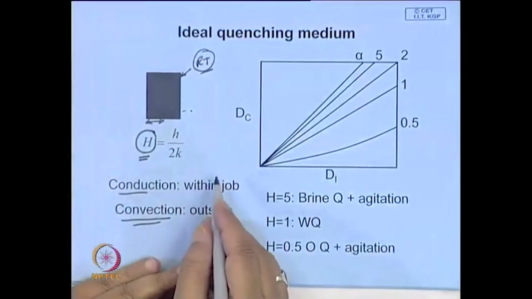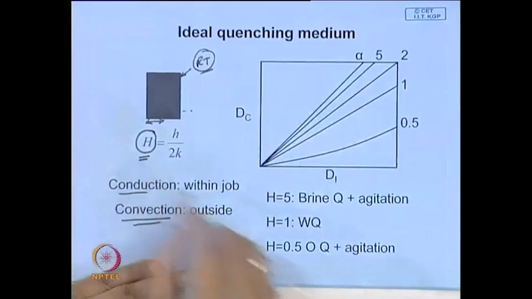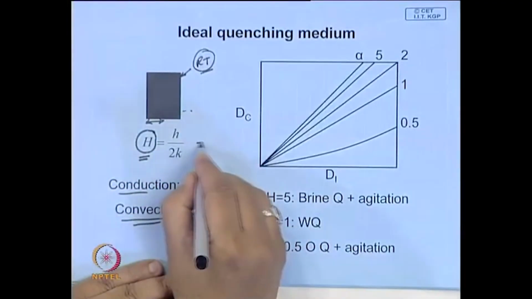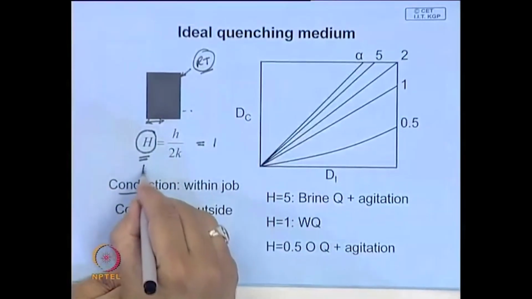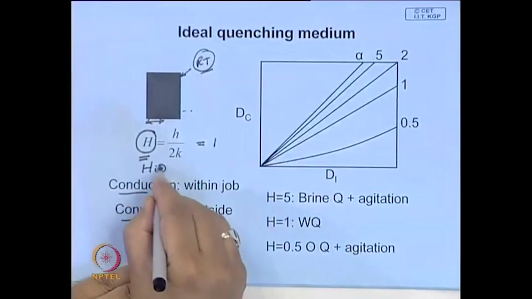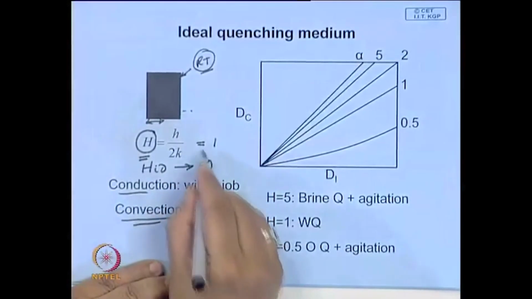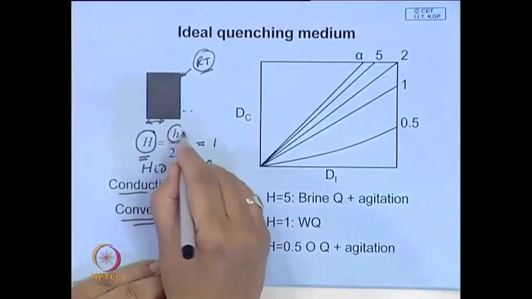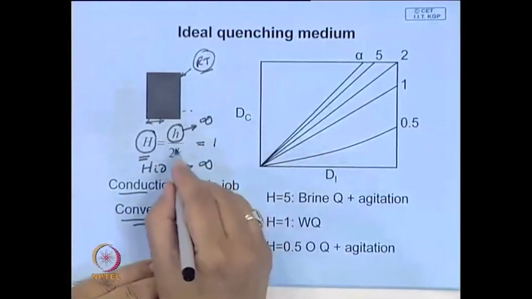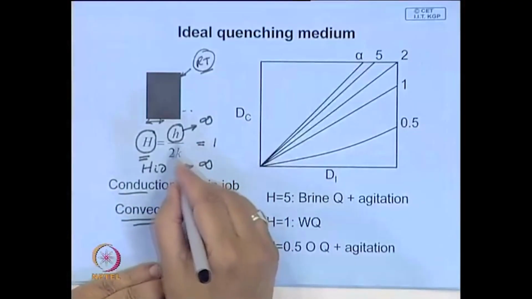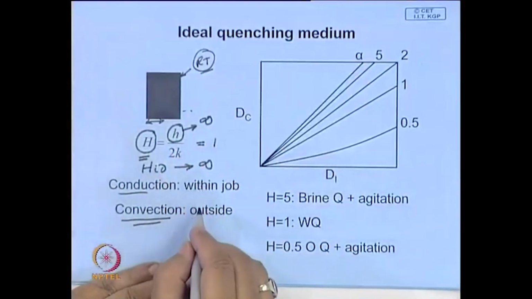For still water quench, normally you take H as 1, whereas for an ideal medium this is infinity. What does infinity mean? It means the heat extraction rate by convection is infinite, much larger than this K. So, this is a hypothetical quenching medium.